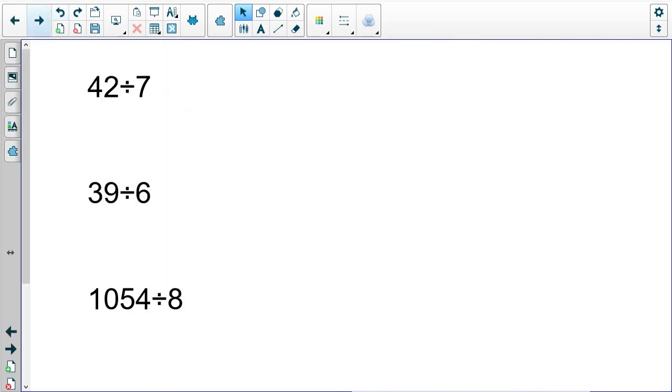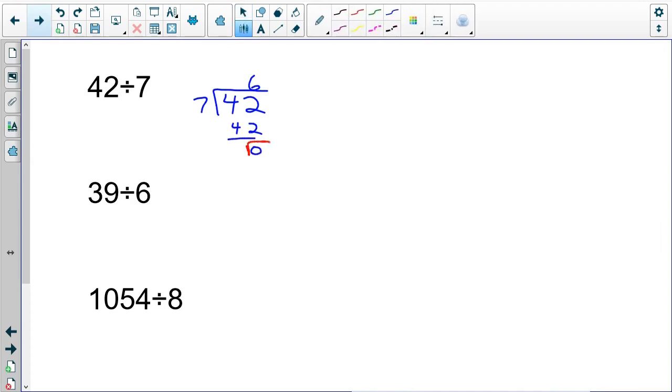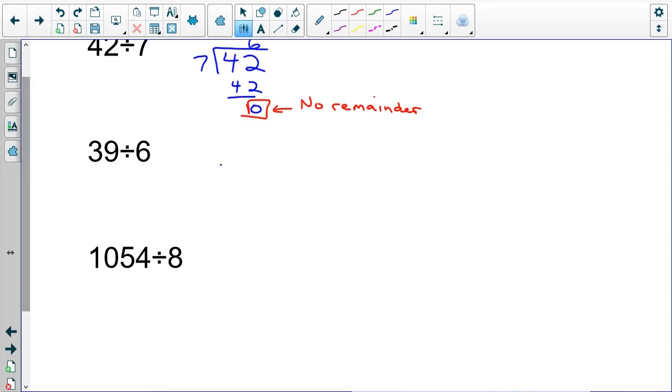Real quick primer on long division, just reminding you that this is something you learned in the past. 42 divided by 7, we choose 6, and then 6 times 7 is 42, we get 0. If this number is 0, that means it evenly divides, there is no remainder. So the remainder term is something that can exist. If I did 39 divided by 6, I would choose 6.